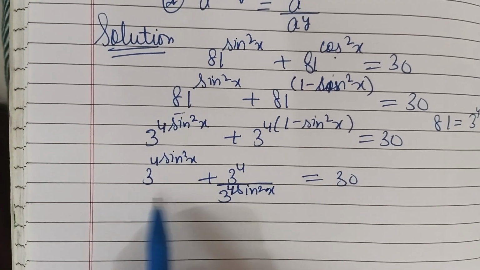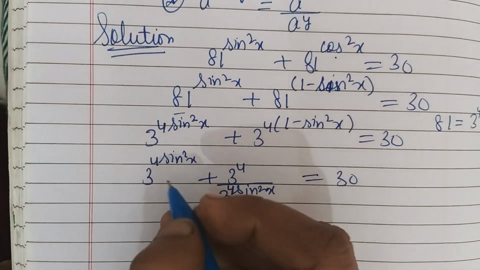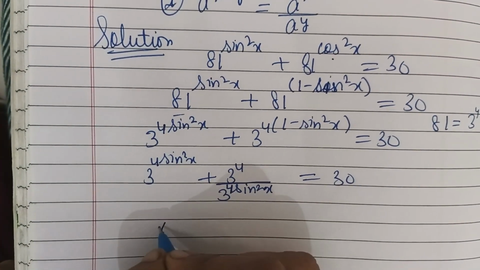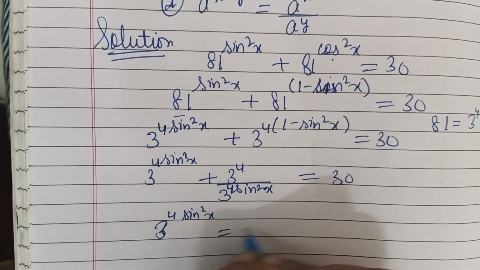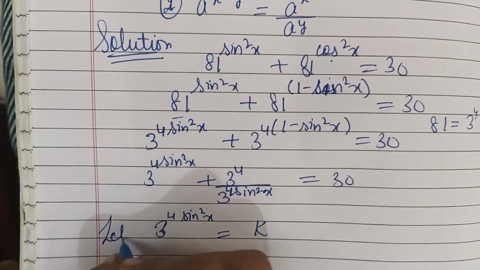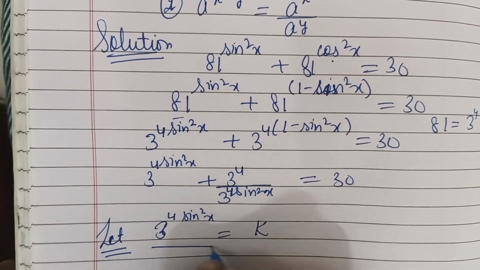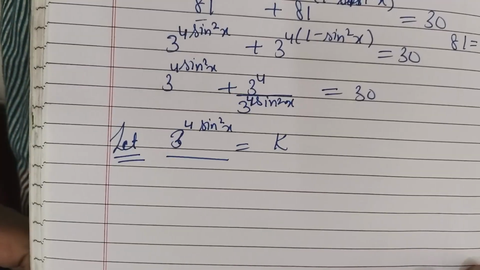So here we can't solve this sum directly. So we will put 3 raised to power 4 sin square x equals k. So let 3 raised to power 4 sin square x equals k.